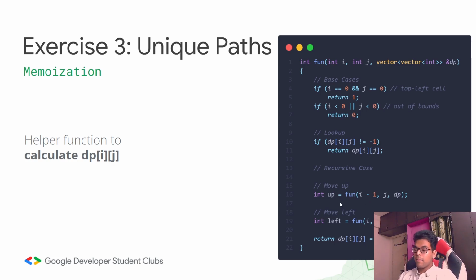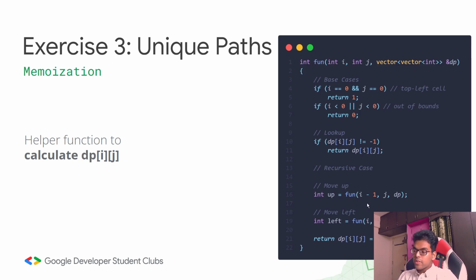Similarly, we find the number of unique paths for the left cell, which is given by i, j minus 1. j being the current column, j minus 1 being the immediate previous column, that is the left column. So the number of unique paths to reach the current cell is equal to the number of unique paths to reach the upper cell plus the number of unique paths to reach the left cell. And that is stored in the ijth index of the DP matrix in the cache and then returned.